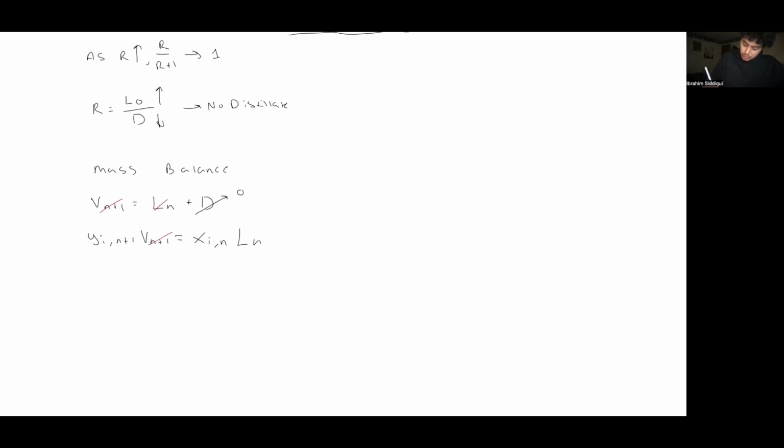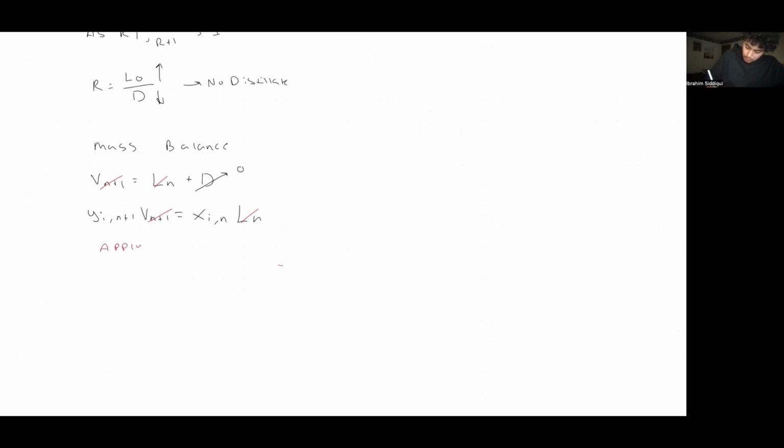Now what we want to do is apply our partition coefficient, and that is K. So we can say that Ki is equal to our vapor composition at stage n over our liquid composition at stage n.